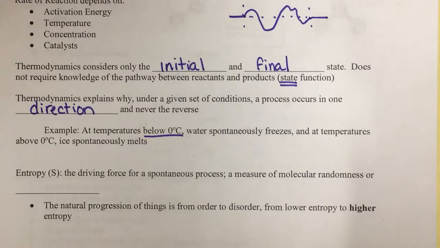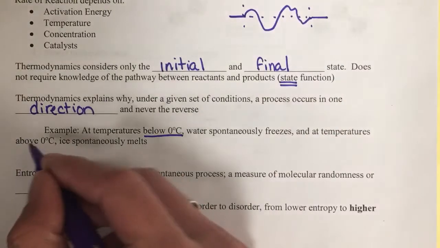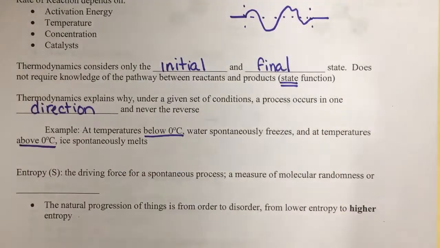My ice will never spontaneously melt below 0 degrees. It goes one direction. At temperatures above 0 degrees Celsius, my ice will melt. It will never spontaneously refreeze. Okay, so when we're talking about thermodynamics, it's telling us whether the reaction is spontaneous or not, and which direction it's spontaneous. Okay, now we've talked about enthalpy before.